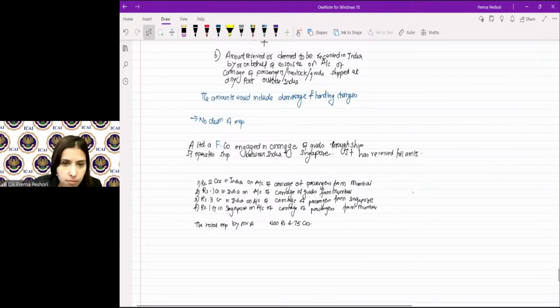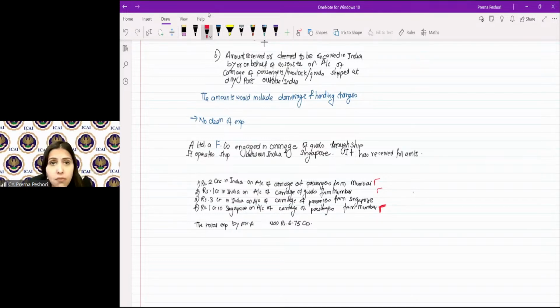So passengers from Mumbai, 2 crores, paid in India, will be included. 1 crore is again paid in India on account of carriage of goods from Mumbai, so even this is included. 1 crore in Singapore on account of carriage of passengers from Mumbai. Even if paid outside India, this will get included.